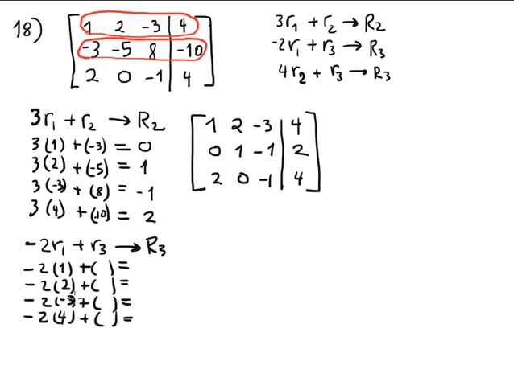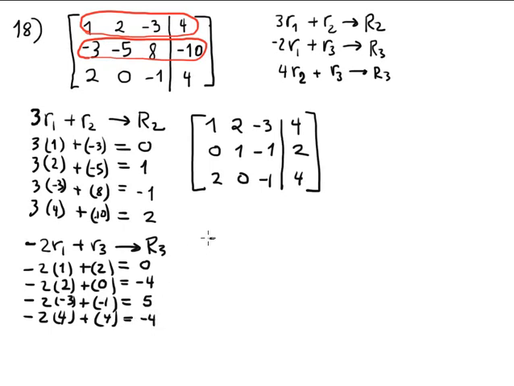That's exactly the same. Row 3 is 2, 0, negative 1, 4. Okay. So this is 0, this is negative 4, this is 5, and this is minus 4.